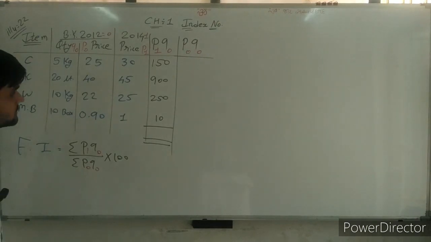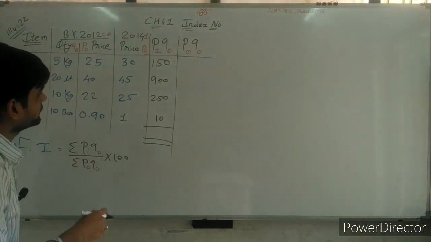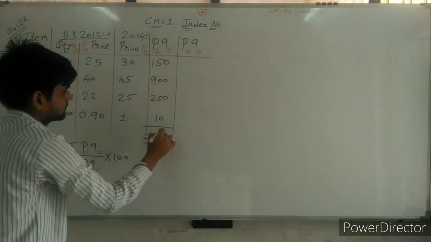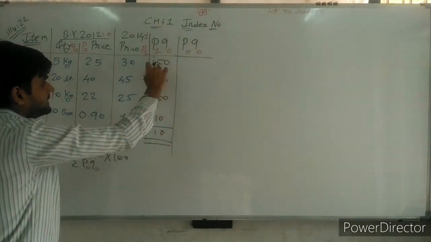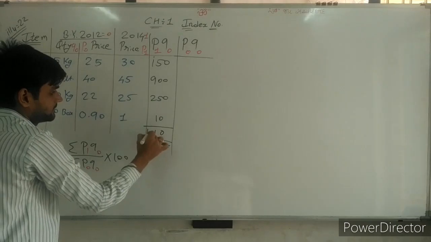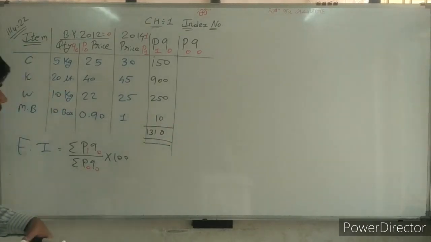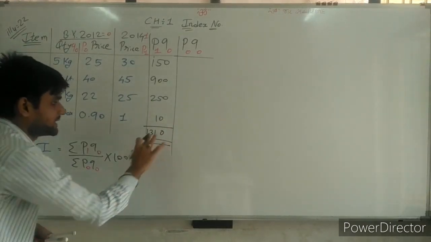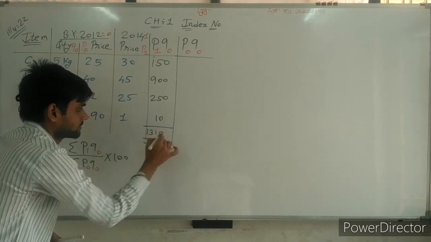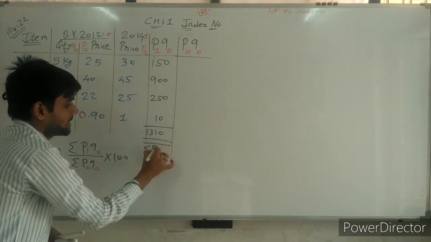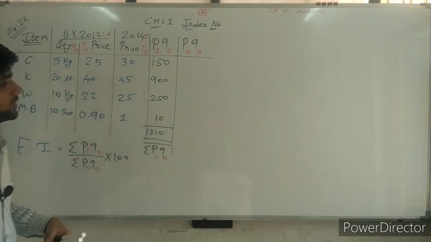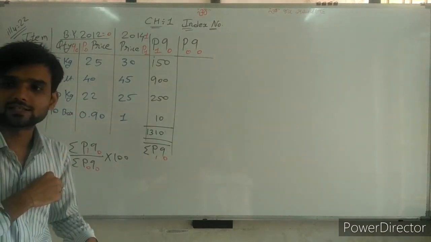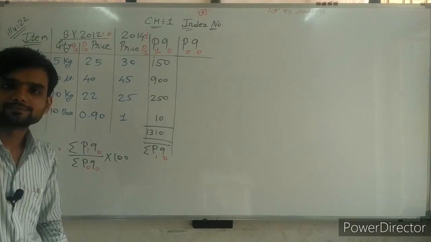Make total. If we are making total of this, 9, 10, 11, 12, 13. So 1310 rupees is the total sigma P1Q0. That's it. So it's completed.